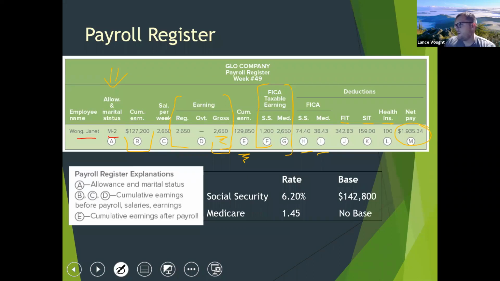Which, if you multiply that times 52, means that at the end of the year, she takes home $100,637. Still not much to complain about there.